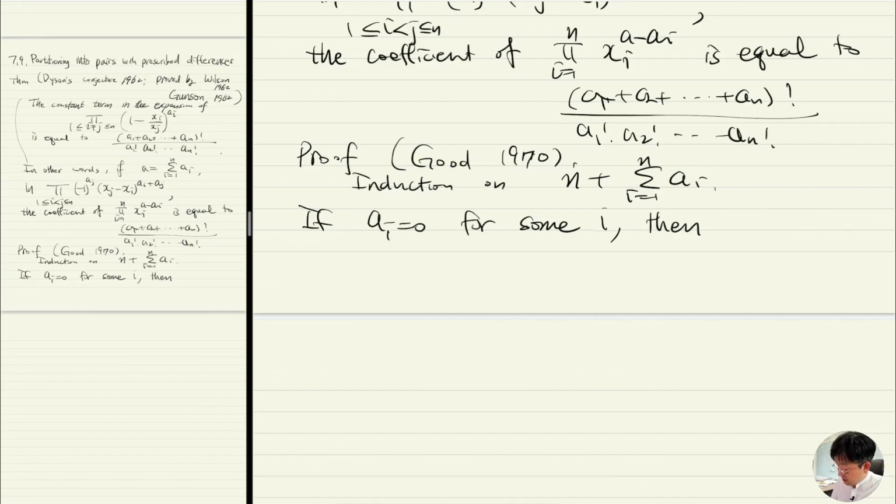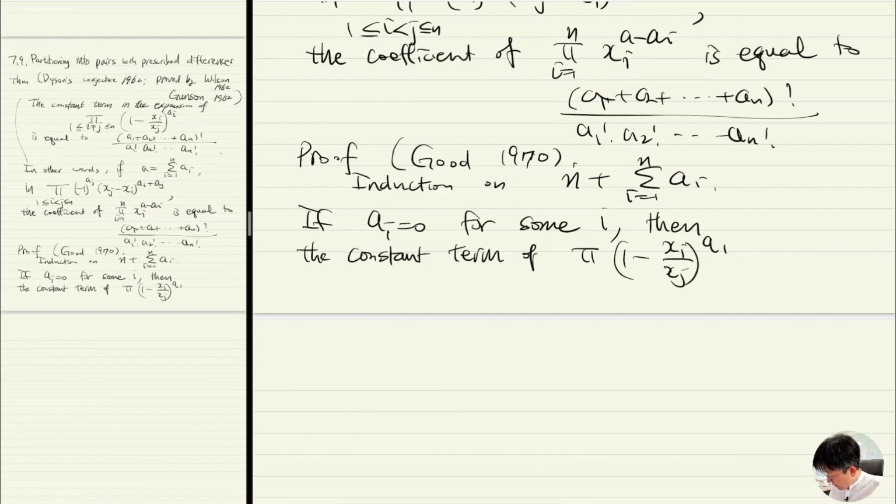So in this case, we can ignore all the terms in the product having xi, right? So the constant term of the product of (1 minus xi over xj) to the ai. Oh yeah, I need a notation.